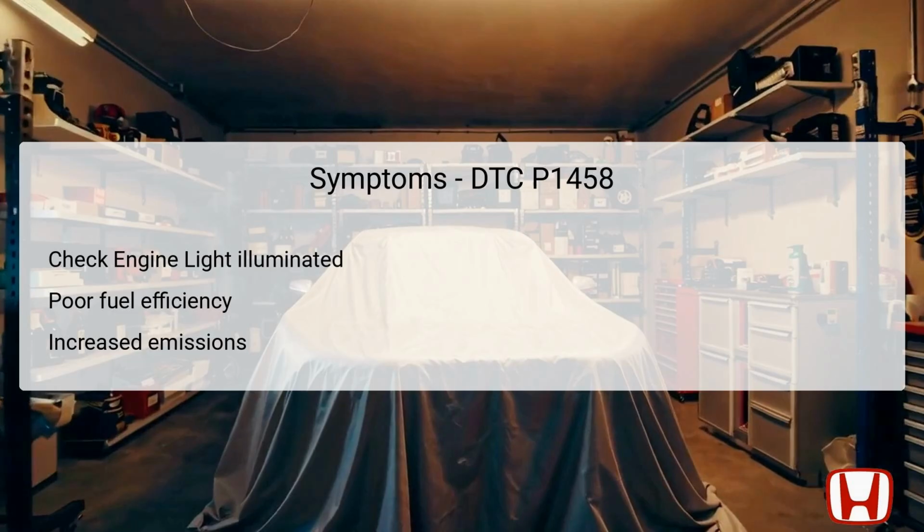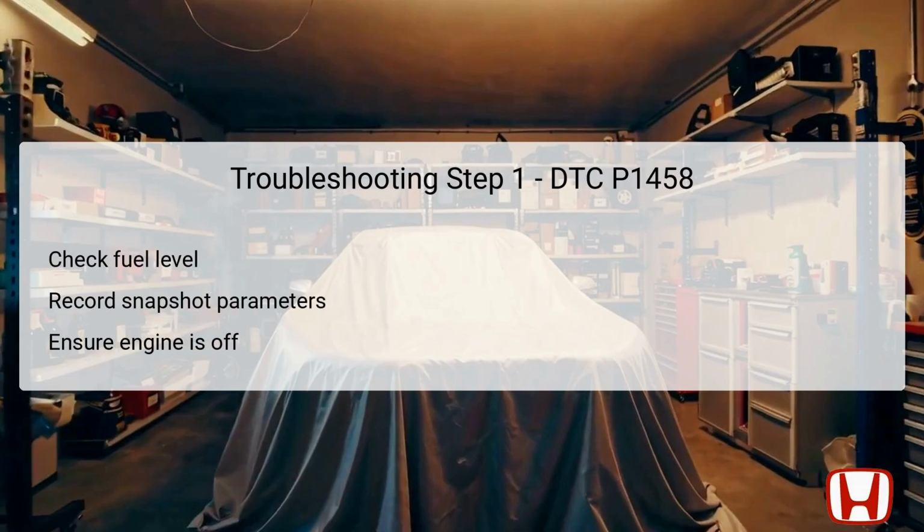The first troubleshooting step requires checking the vehicle's fuel level, as this can directly impact the readings from the FTP sensor. Begin by turning the ignition switch to the on position, without starting the engine. Then, using the HDS, Honda Diagnostic System, record the snapshot parameters including the maximum and minimum values of the FTP sensor and the current fuel level.